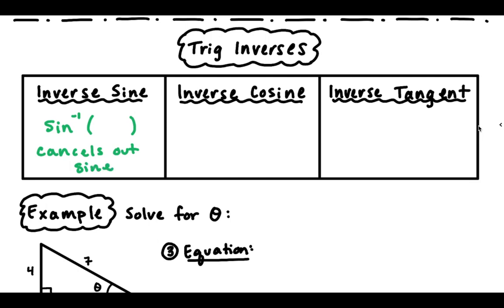Okay, not surprising, inverse cosine and inverse tangent look similar. So inverse cosine is the cosine symbol with the little -1 to indicate that it's an inverse, and it cancels out cosine.